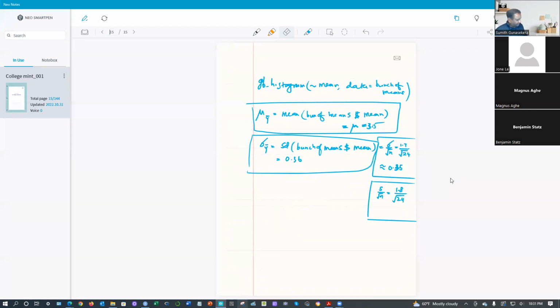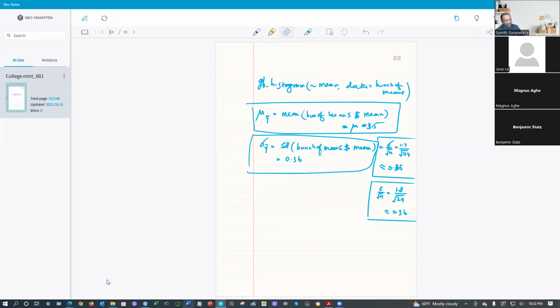So 1.8 divided by square root of 24 is 0.36, the same as the population one. So you can go straight and calculate, with the aid of the population standard deviation since it's known, or with the aid of the sample. Interesting.